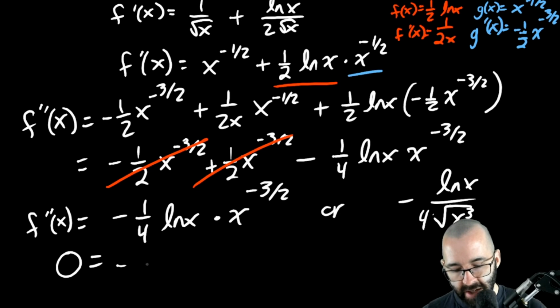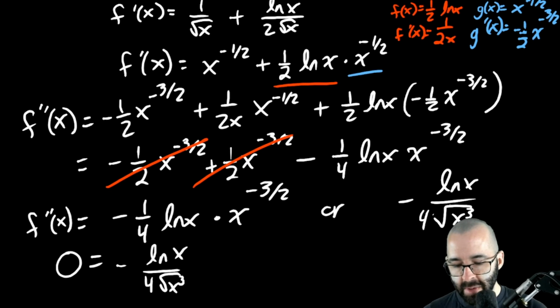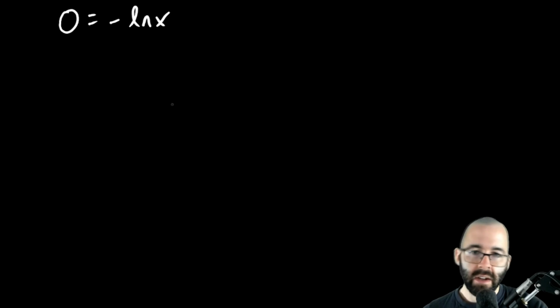Again, we don't have to worry about when it's undefined. So we can multiply both sides by the LCD. That's just going to be when negative natural log of x equals 0, because it's just going to equal 0 when that numerator equals 0, the denominators will cancel.